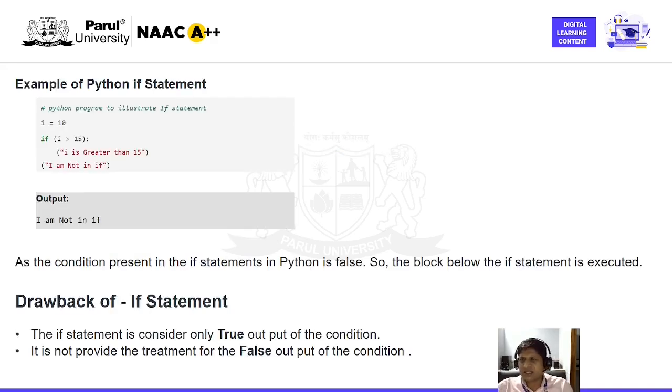You can see an example program to illustrate the if statement. I equals 10. If I is greater than 15, the value of I, which is already initialized, is 10. The value of I is not greater than 15, so the output is "I am not in if block", because the condition is not true.